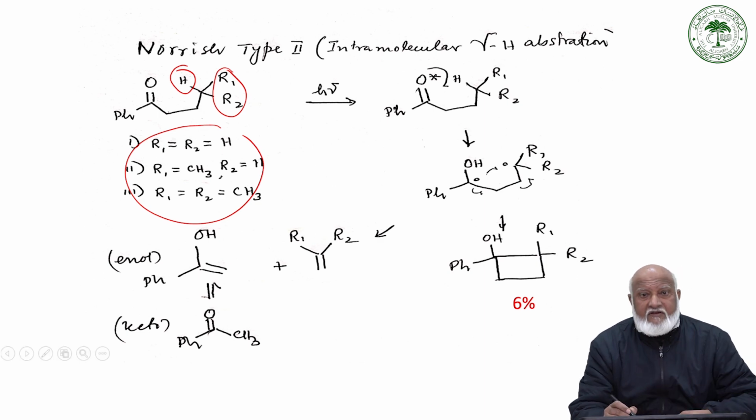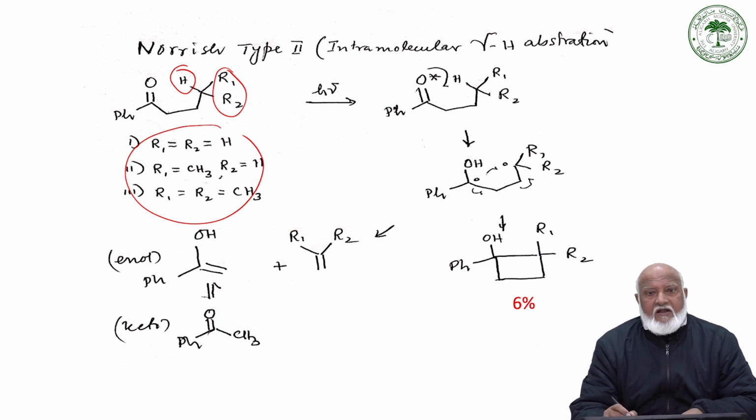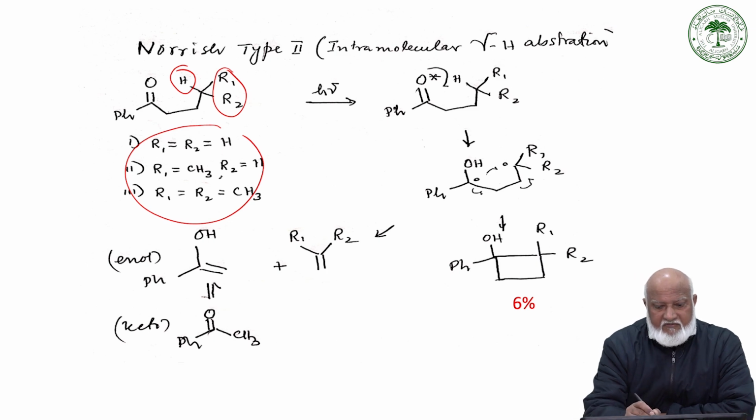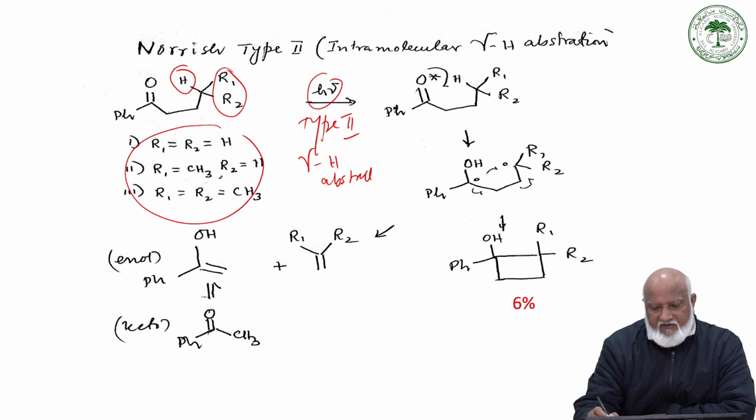So this carbonyl, under photolytic conditions, undergoes the type 2 reaction, gamma hydrogen abstraction, to give a 1,4-diradical species. And now this 1,4-diradical can undergo two pathways.